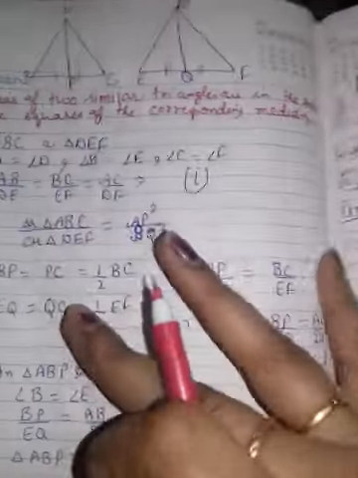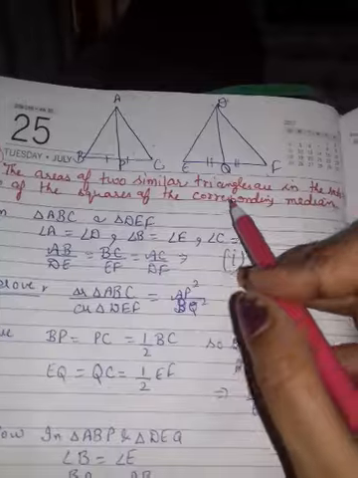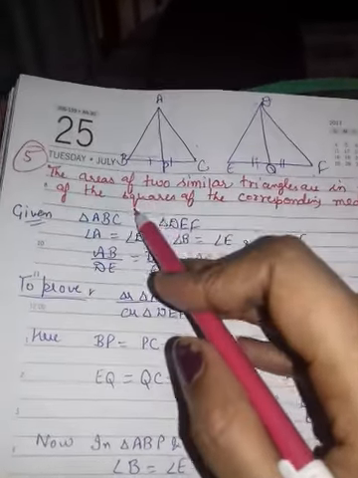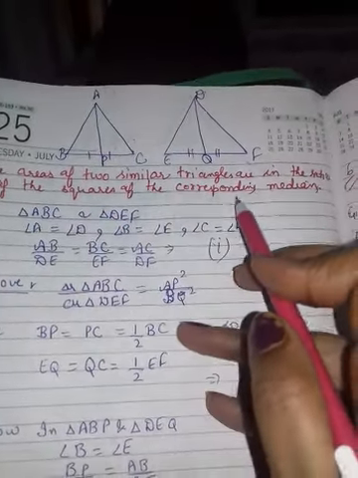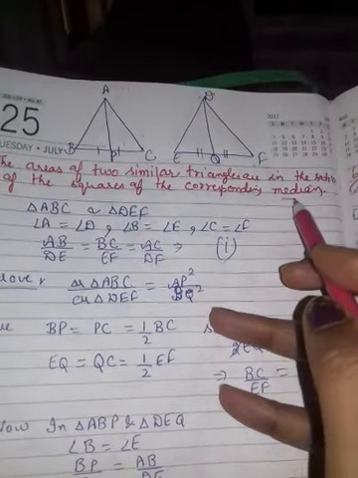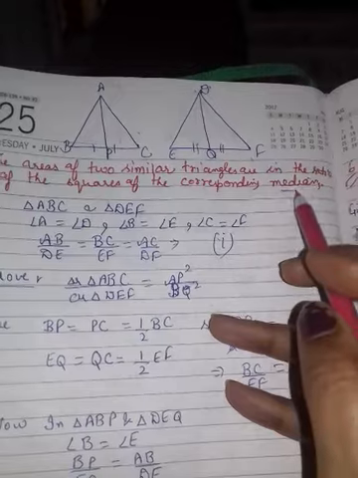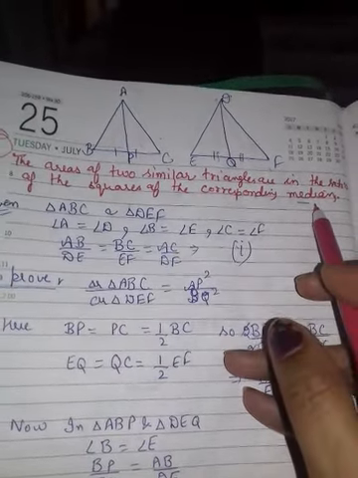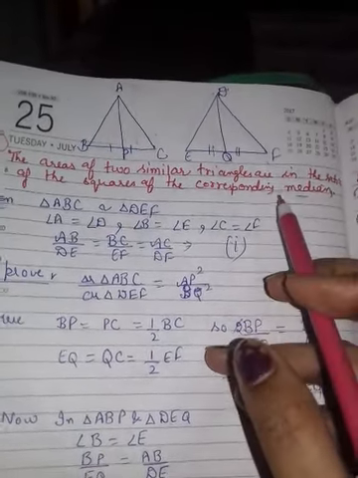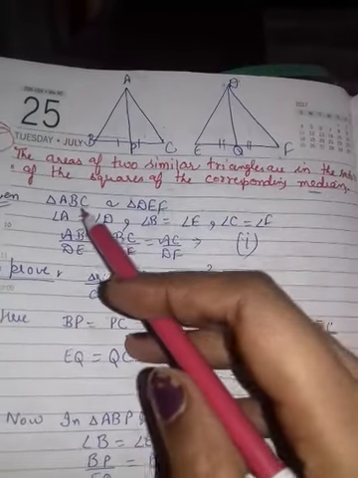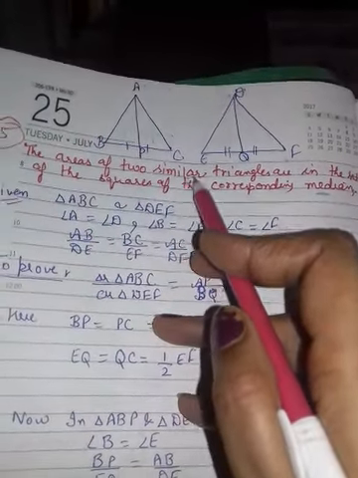Now next is the areas of two similar triangles are in the ratio of the squares of corresponding medians. In the first part we proved it by sides, then in the second by altitudes, third is your median. A median, you know, divides the base into two equal parts. Now firstly we will take this concept.